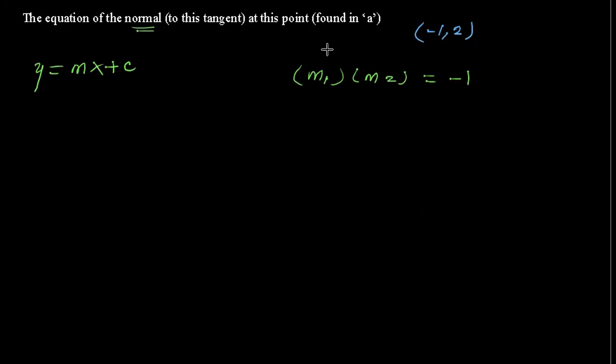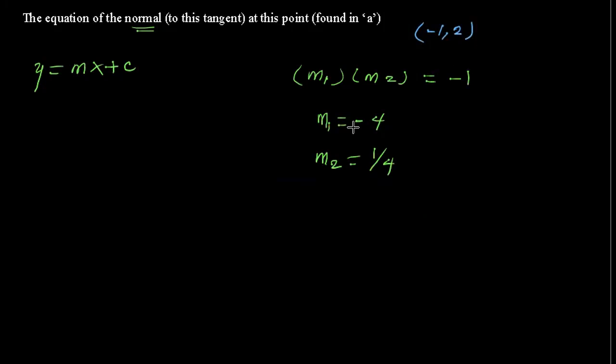Another way of saying that is that if I know one of the m's, then I should be able to tell the other one. All right, and one of the m's is -4. So m1 in this case, which is the m of the tangent, is -4. So m2 must be equal to 1/4.